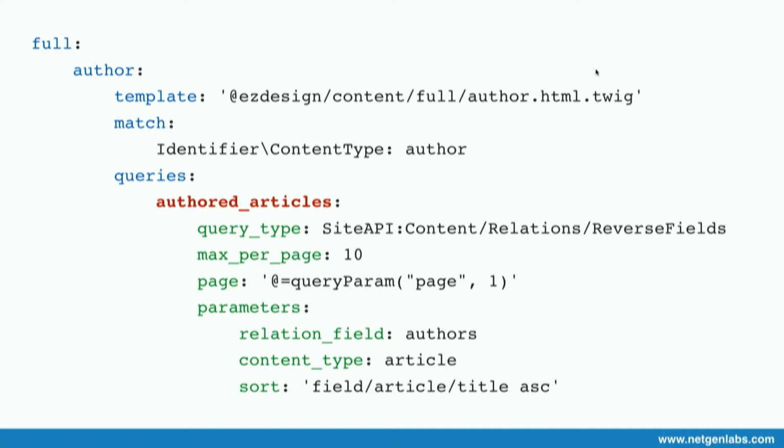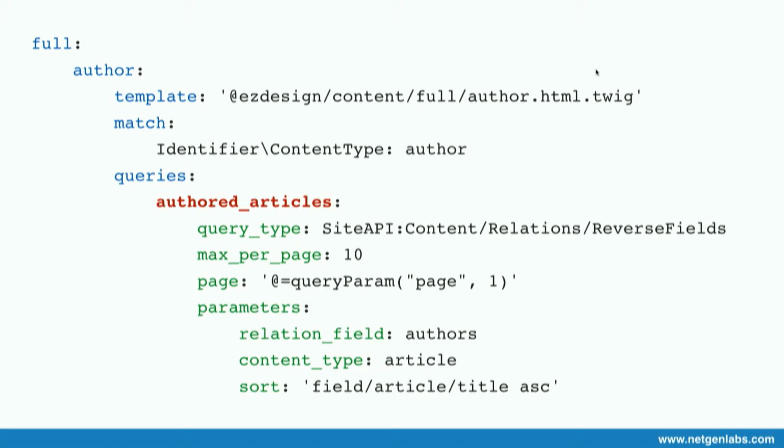You recognize this? This is content view configuration, right? Where you define the template, match it with the content type, you would optionally define the controller, and so on. And this is where you define your query under the queries key. Authored articles is the name or the identifier of the query.